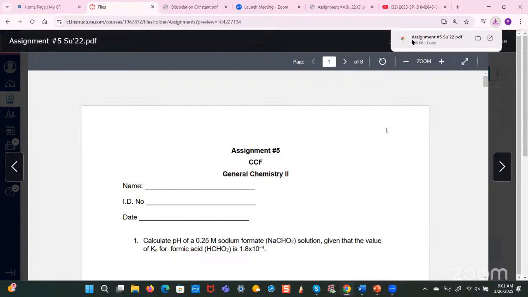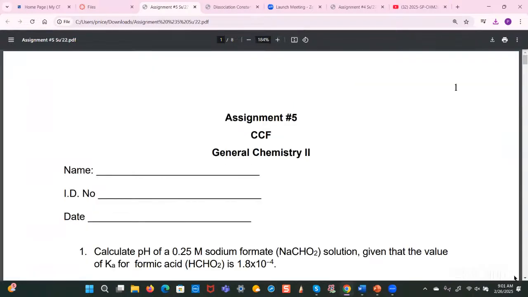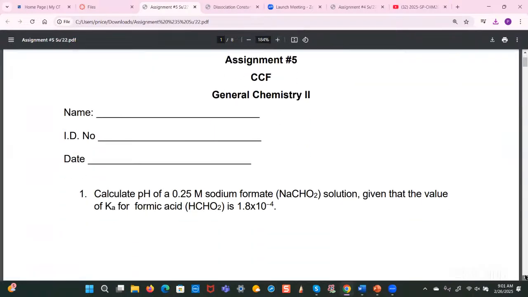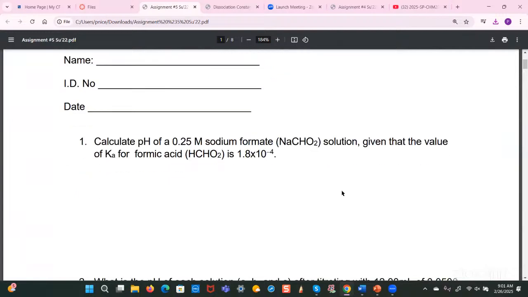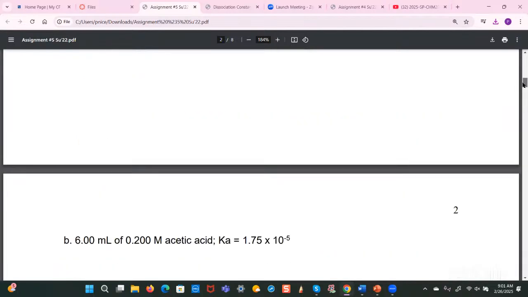Okay, so question number 1, let me bring this on the screen here. It says calculate the pH of a 0.25 M... Oh, no, we can't do this, this is not a buffer solution. Looks like I did not include any buffer solution questions.